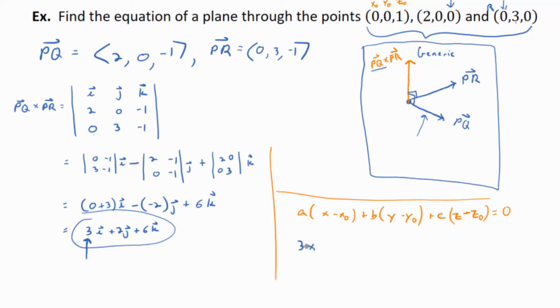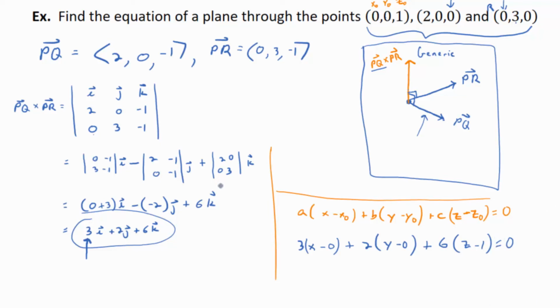Just to show the work, 3 times x minus 0, plus, what's b? 2 times y minus that 0 right there. And then plus, what was c? 6 times the quantity z minus that 1 right there. Equals 0. Everybody agree with that?